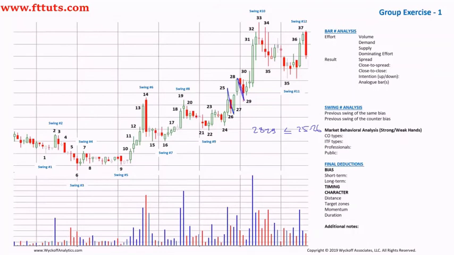And what else we could say is that sometimes we look at the reaction through the closes. So from the top to the lowest close, right here, from the top to the lowest close, right here. That shows you the commitment of professionals as to where they're going to stop selling, and the levels where the buying is going to come in on the down bars.